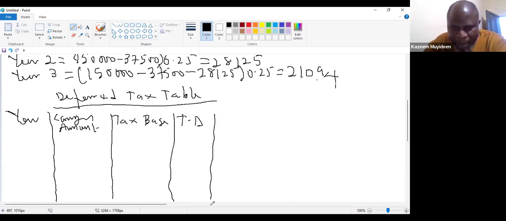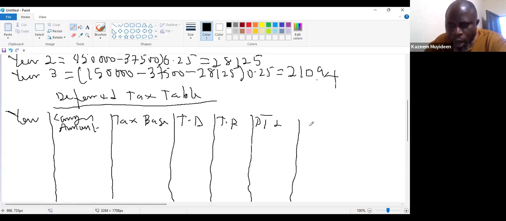Then the question must supply me the tax rate. I will now say, is it a deferred tax liability or deferred tax asset? This is what I have. I will underline everything.